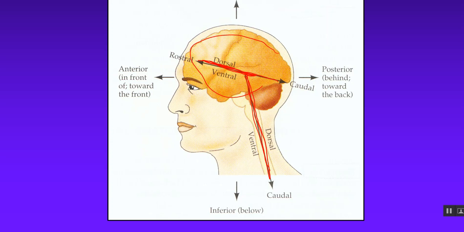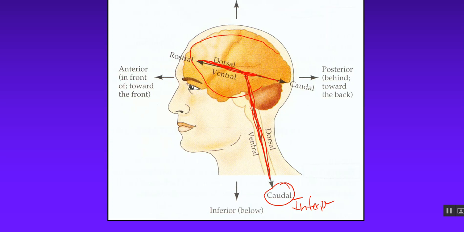You guys know what rostral and caudal are? Rostral means beak, or towards the beak, and caudal means towards the tail. If you are in the brainstem and spinal cord, caudal and inferior are synonymous.